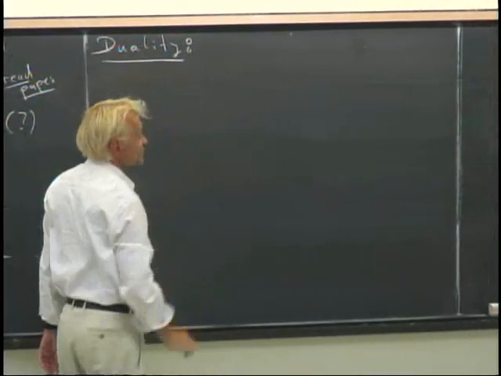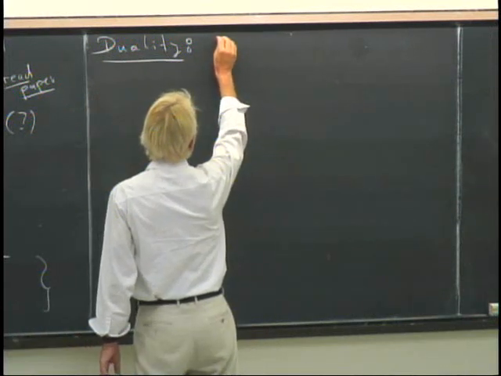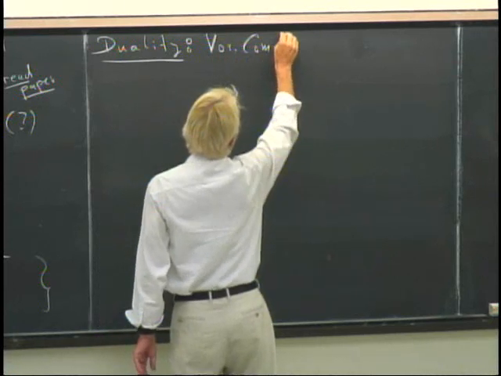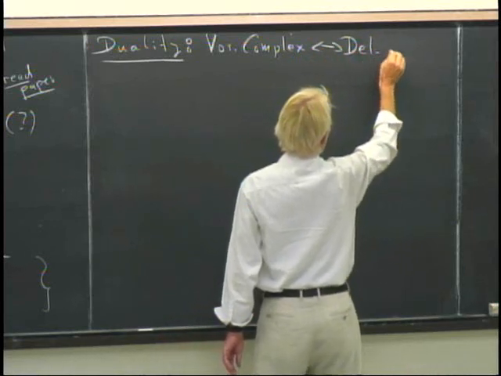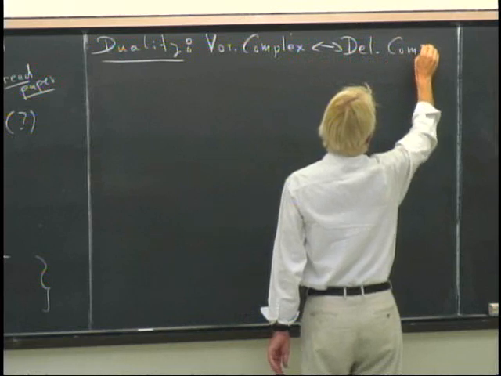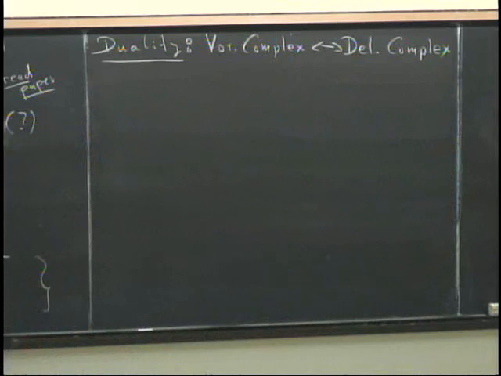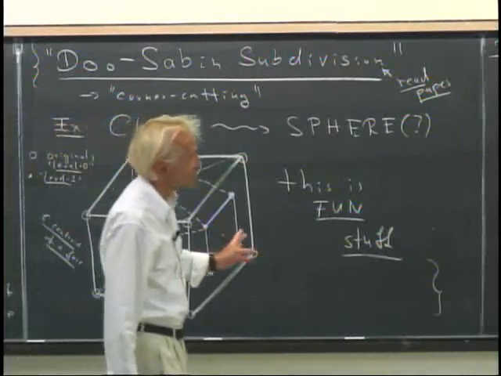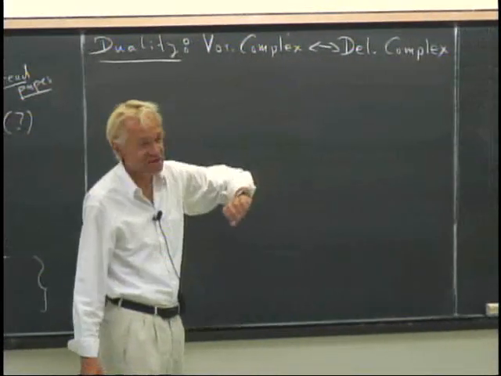And in this context, the two dual structures that we talk about are the Voronoi complex and its dual, the Delaunay complex. It turns out that by invoking a method or a principle like this, shrinking things, cutting things away, you can have a beautiful geometrical transformation from this complex to the other, and vice versa.